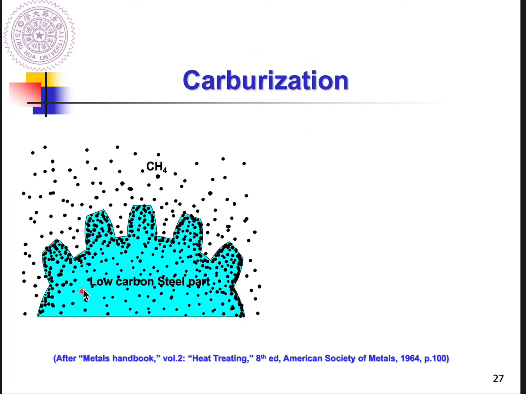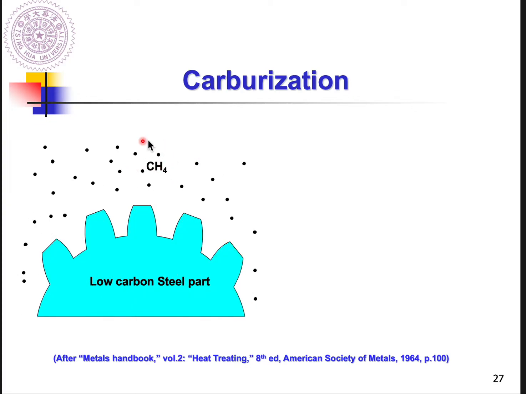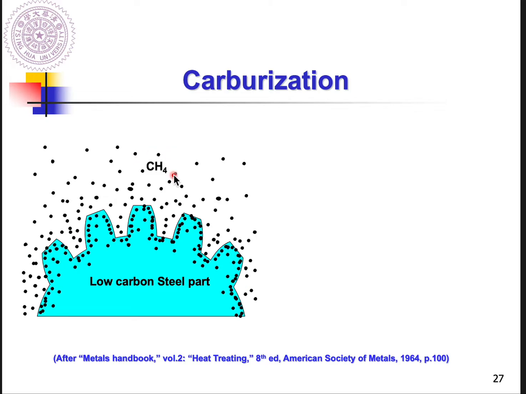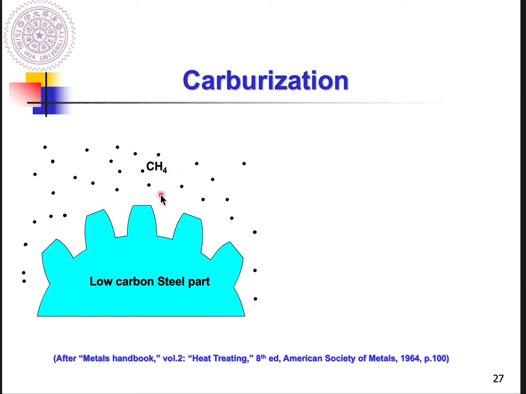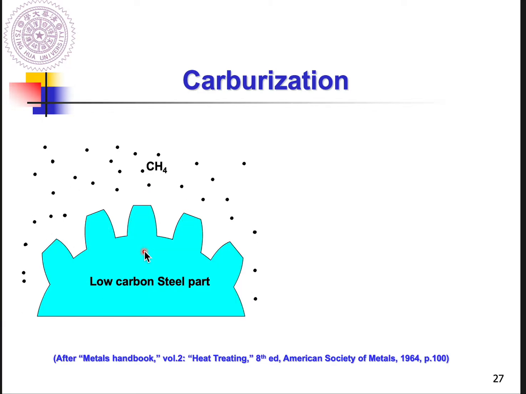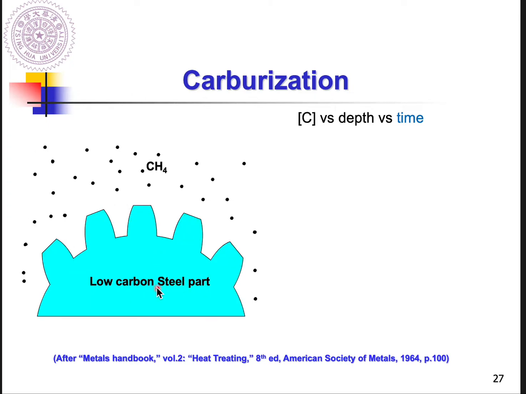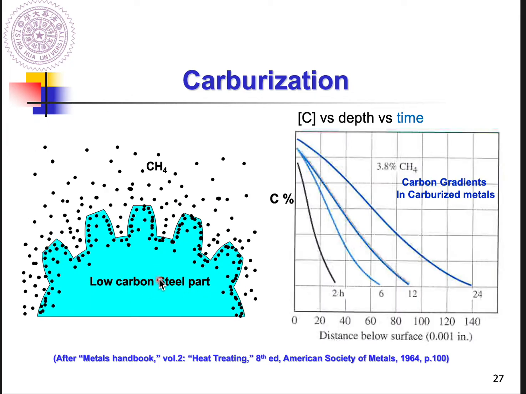We have steel parts, and we continuously flow methane and heat the system up. Then the carbon atoms diffuse into the steel, which strengthens its mechanical properties.